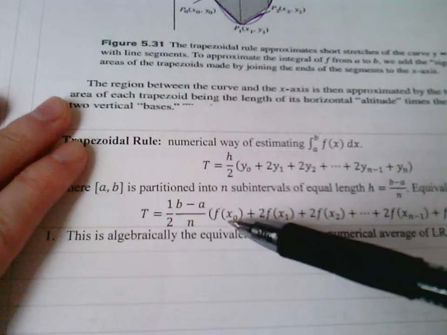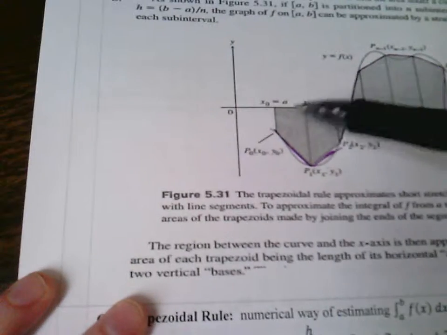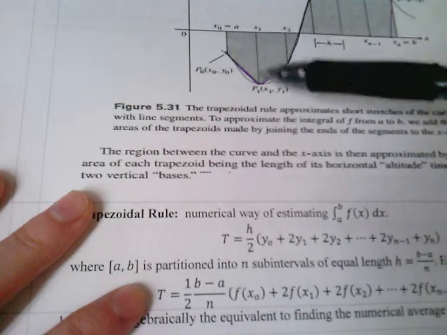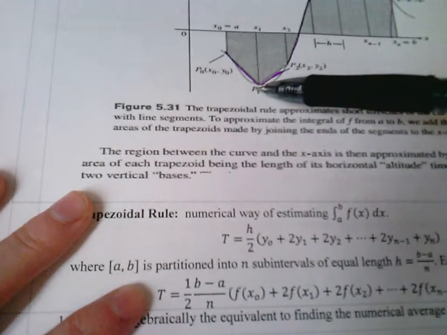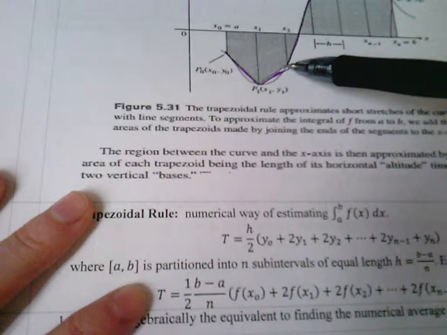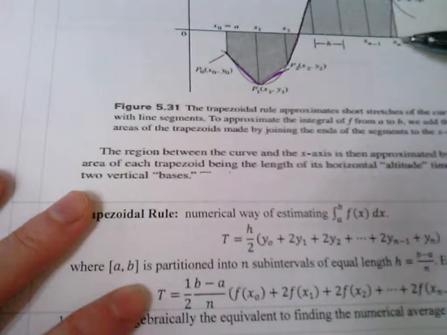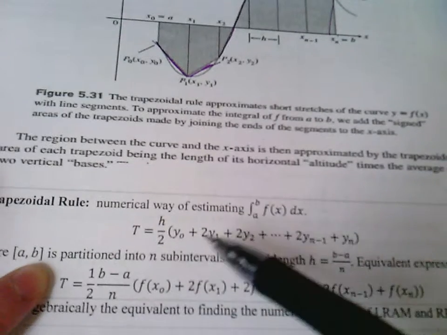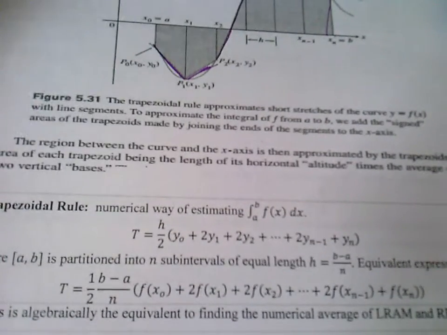So if I was starting here, it would be the y value of this plus 2 times that y value plus 2 times that y value, and on and on until you get here, and that's going to be plus the nth y value. So the first and the last are just the y value you see, and everything else in between is going to be multiplied by 2.